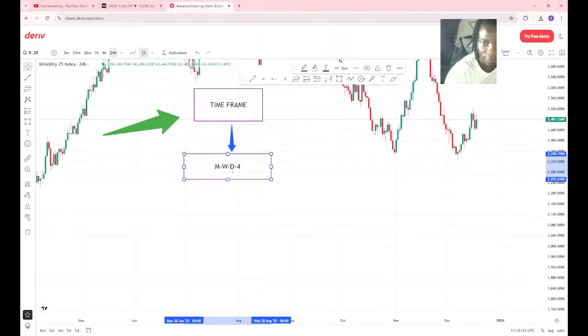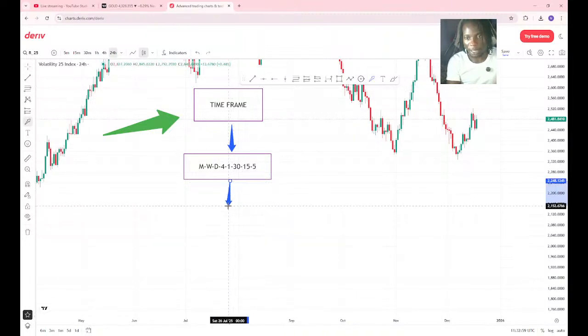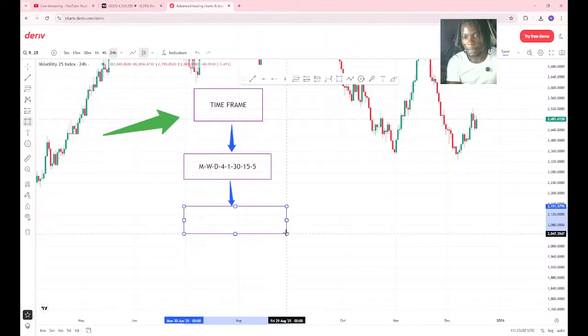The 4 hours, let's use 1 hour, 2 hours. I barely use the 2 hours. 1 hour, 30 minutes, 15 minutes, then probably 5. Yeah, okay, so these time frames, all right, under this structure. From there I'll explain it, don't worry, so you guys will get this whole concept. Remember, I want to put everything in a box so it will be easier on this same structure analysis data.